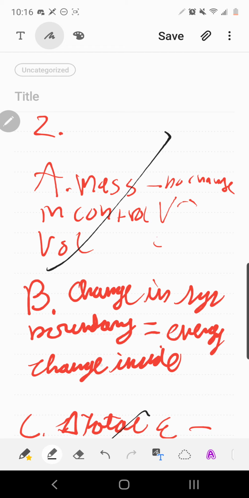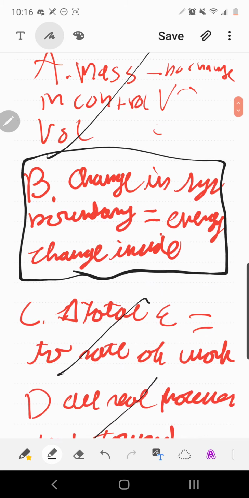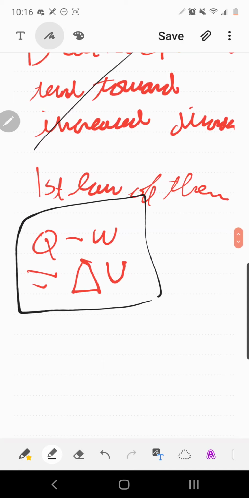So that leaves just one answer choice, and that is B. It's pretty telegraphed by this equation, actually. The change in incoming heat minus the work going out is equal to the change in internal energy. It's kind of simulating the conservation of energy, which is pretty much what the first law is. All right, cool. Let's move on.